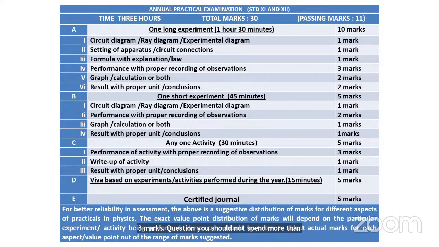Again, 8 questions. So 8 into 7, that is 56 minutes. So you should cover your section C in not more than 60 minutes. Section D, each question is of 4 marks. Don't spend more than 10 minutes for each, so that section D you should finish in half an hour.